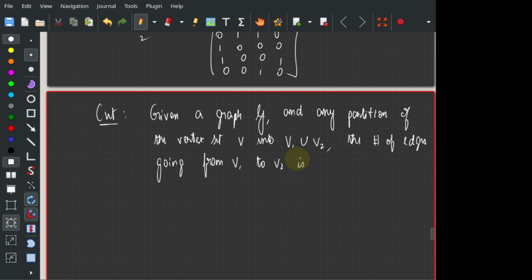Right? So any partition into two vertex sets is called a cut, and the number of edges crossing over from one side to the other is called the size of this cut.